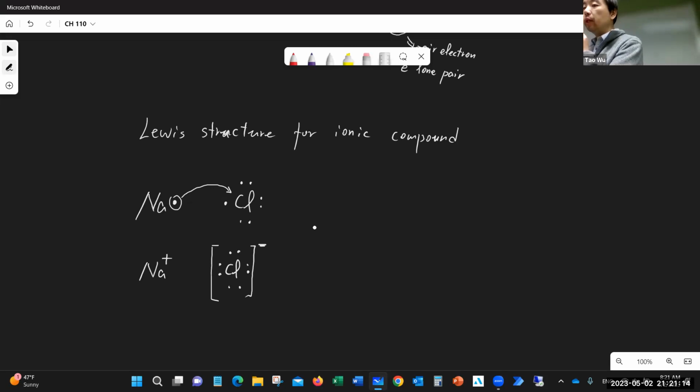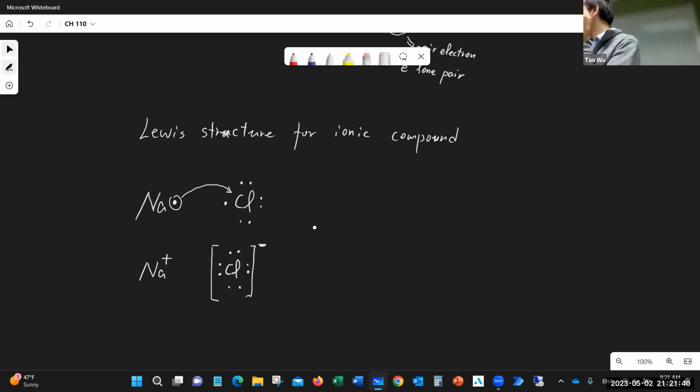This is very important. By the way, a lot of people are confused about why we need to write a bracket. Why does sodium not have a bracket, while chlorine does? The major purpose is to separate the charge and the dots. Remember, this method was developed a really long time ago.